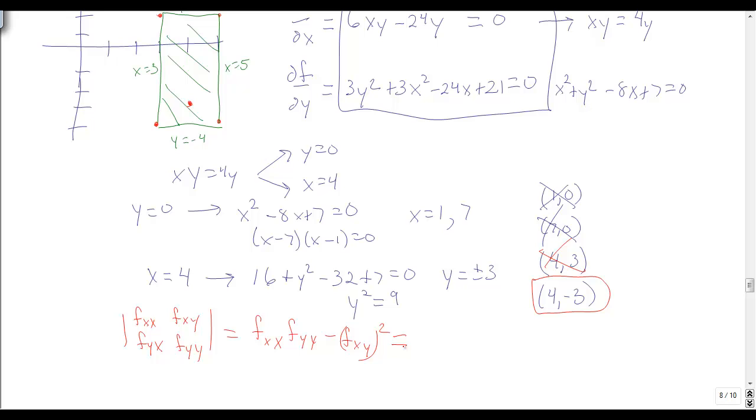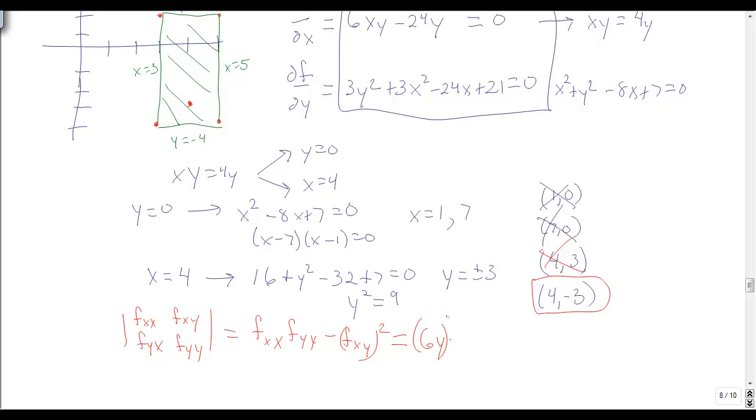And what I get, let's see, fxx, this is our partial with respect to x, 6xy minus 24y, so it's going to be 6x, and then the partial with respect to y, again, I'm going to get 6y and then nothing else. Oh, except I messed up my first one. So this isn't 6x. Partial with respect to x, that's 6y.